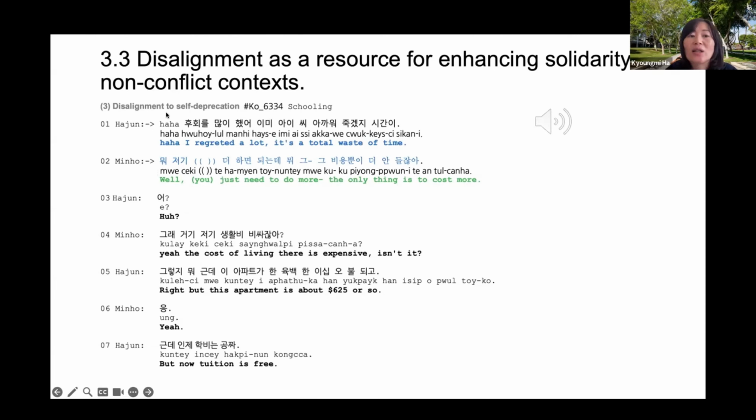So we can see the disalignment to this deprecating remark. As shown in this example, by disagreeing with his interlocutor's self-criticism, a speaker helps his interlocutor feel better about the current issue and solidifies social solidarity.